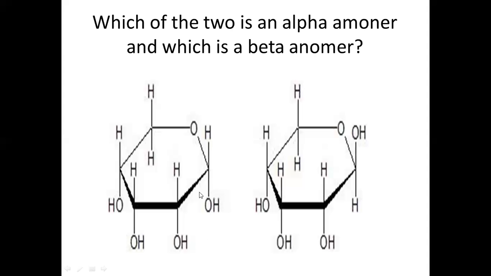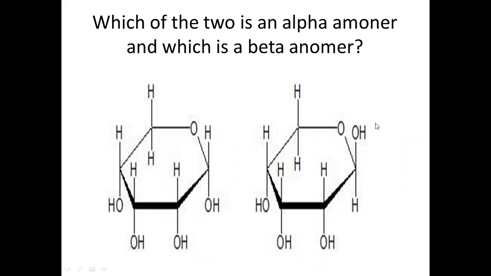Because of the hydroxyl group at carbon number 1, this makes this one alpha, because the hydroxyl group at carbon number 1 is below the plane. So this one will be beta.